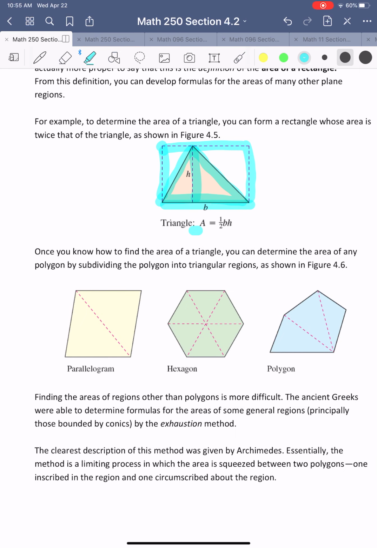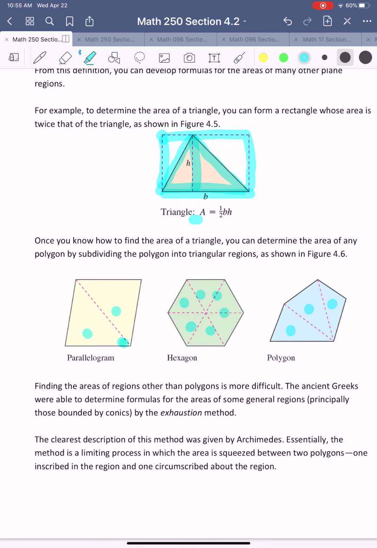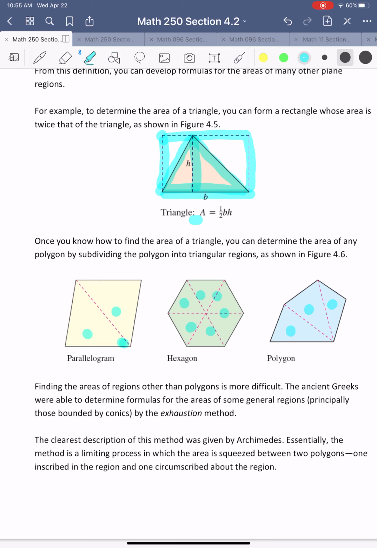All right, and then once you know how to find the area of the triangle, you can determine the area of any polygon by subdividing the polygon into triangular regions, as shown. So for a parallelogram, you can just draw the dashed line to make 2 triangles. And for the hexagon, you make 6 triangles. And for this polygon, you make 3 triangles. So you can find the area for this one. So finding the area of a region other than a polygon is more difficult.